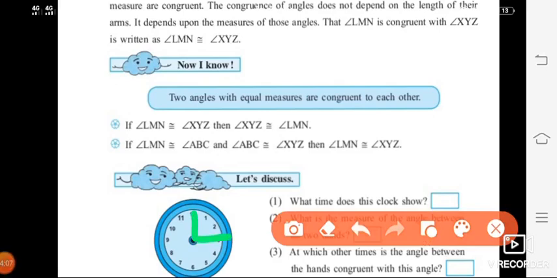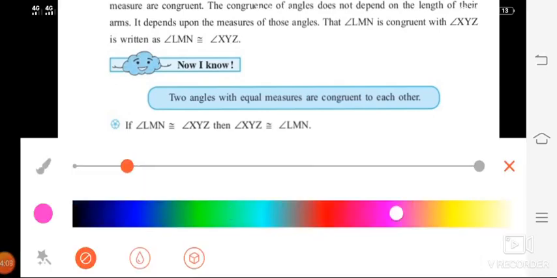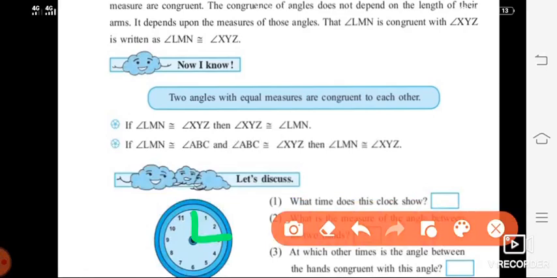What is the measure? Correct, it is a right angle. Now, at which other time is the angle between the hands congruent with this angle? Means, what is the other time where you will get a 90-degree angle? Correct, opposite to that in this way.